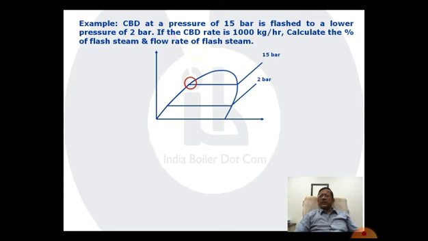Saturated water means the enthalpy of this water is already this part. Let us say it is HF1, and from the steam table at 15 bar we find HF1, which is 844.6.